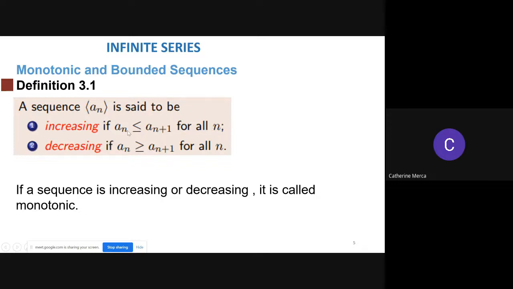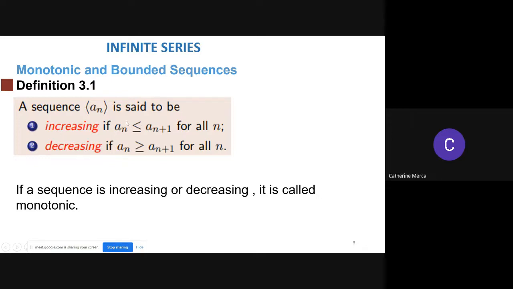Meaning to say, increasing siya if the next term is greater than the prior term. Okay? And it is decreasing if the prior term is greater than or equal to the next term for all n.